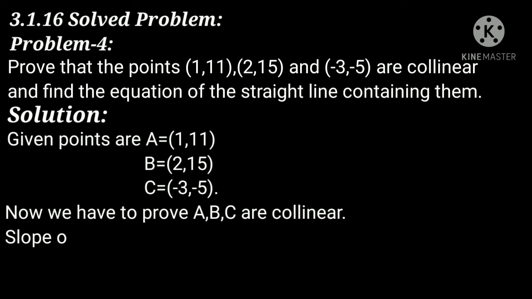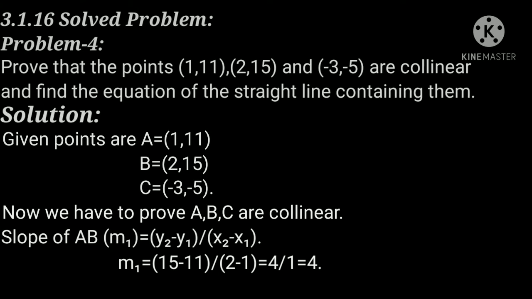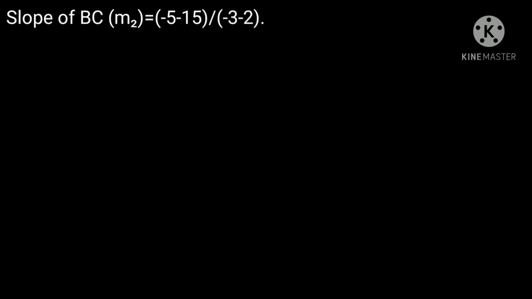Then slope of AB, m1 equal to, the formula is y2 minus y1 by x2 minus x1, equal to 15 minus 11 by 2 minus 1. After simplification, 4 by 1, that equals 4. Then slope of AB, m1 equal to 4. And slope of BC, m2 equal to minus 5 minus 15 by minus 3 minus 2, that equals minus 20 by minus 5.